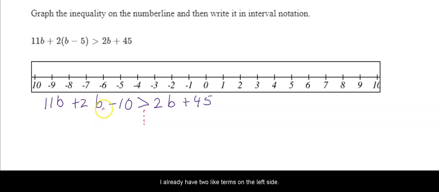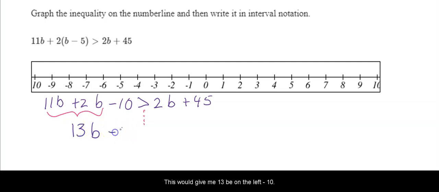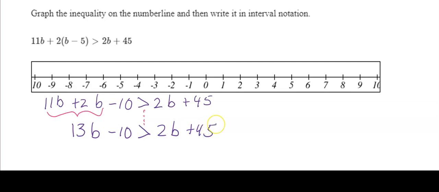I already have 2 like terms on the left side. I don't need to move them by adding or subtracting them. I just need to combine them. This would give me 13b on the left minus 10, still greater than 2b plus 45.